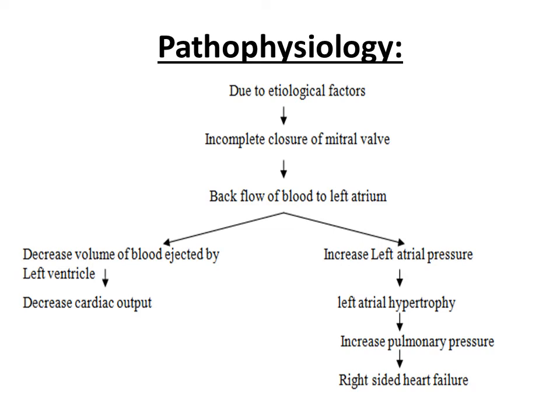It leads to decreased cardiac output, and it also leads to left ventricular hypertrophy. On the other side, it increases the left atrial pressure. Due to that, left atrial hypertrophy may arise, and then increased pulmonary pressure, and it leads to pulmonary congestion, and right sided heart failure may arise in a patient.